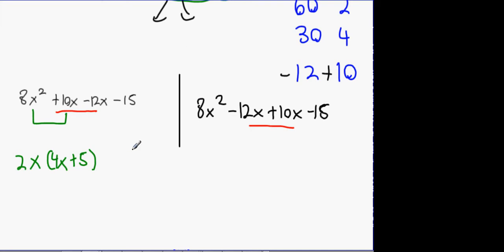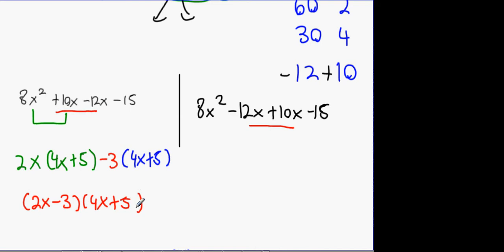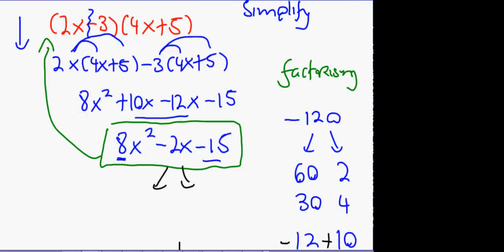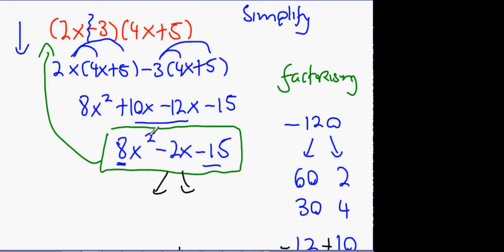Do you remember this from 2 exercises ago? It's always the same. What number goes in here to multiply 4x to give you minus 12x? Minus 3. And what's the answer now? 2x minus 3, 4x plus 5.